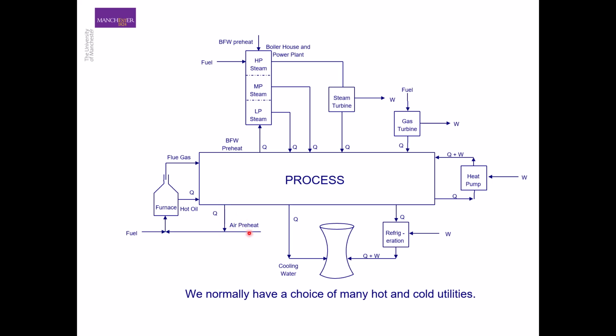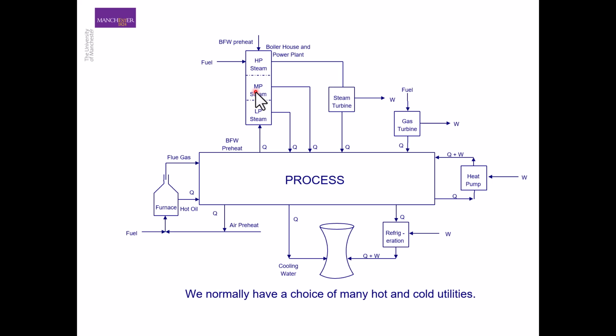So this preheating of air in fact is actually a cold utility, because we are removing some heat from the system, and then this preheated air actually goes into the furnace and gets burned there with the fuel. So here we have preheating, that is, as I said, a type of cold utility. Obviously hot oil and flue gases are hot utilities.